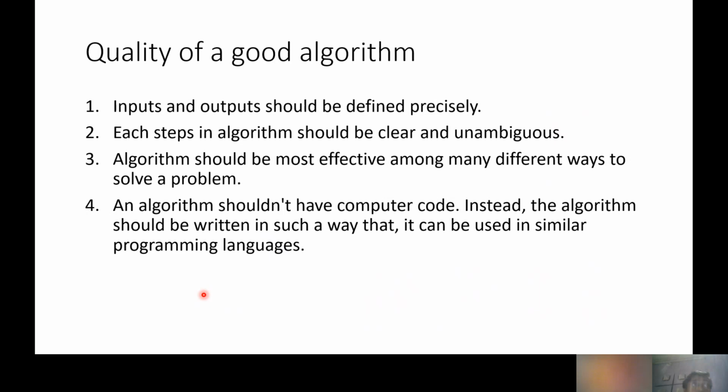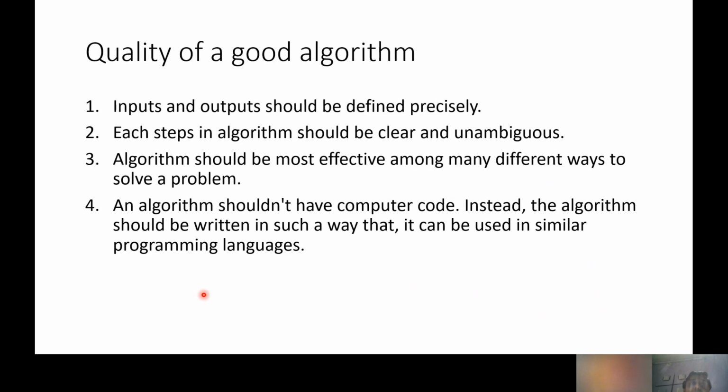Like what should be the input, what kind of data we have, how it will be processed, that's not important right now. The important thing is what kind of data we have as an input, what kind of data should be there as output. Like suppose I am thinking about the AND operation of two values, then I know one thing, there should be two data, because two data should be there as an input.